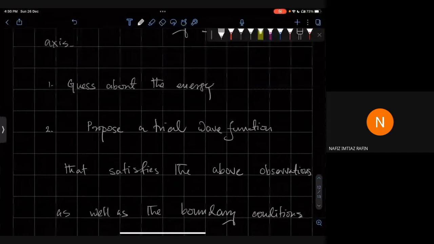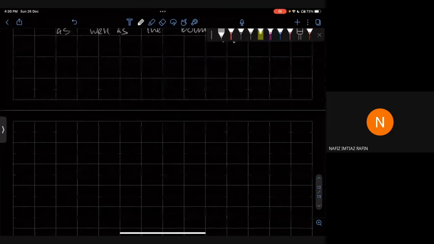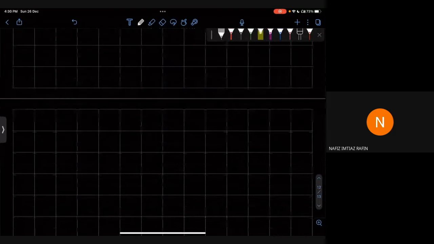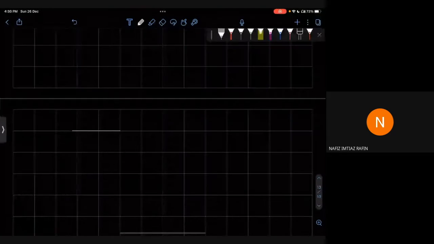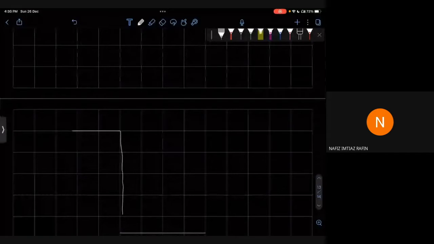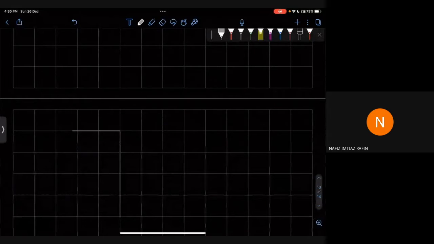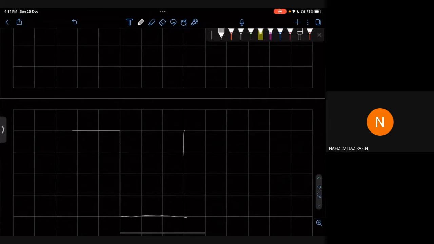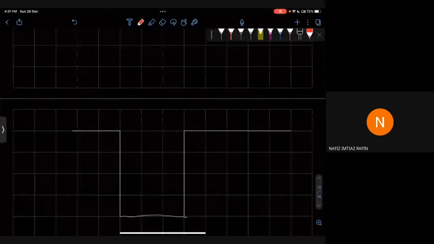So, for example, suppose we have a square potential well, and we want to find the ground state. Other states can also be found, and we'll see that. So we have a square potential well, and we have some ground. And suppose that you say, okay, let me just take 4 random guesses.